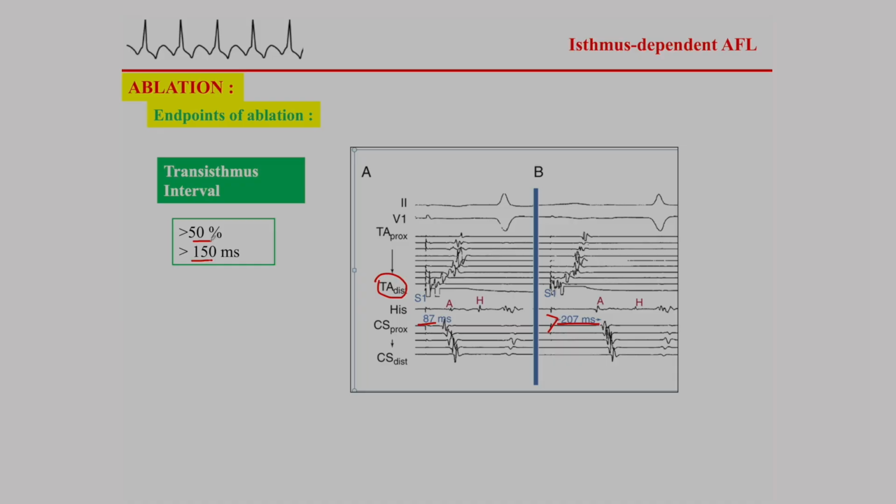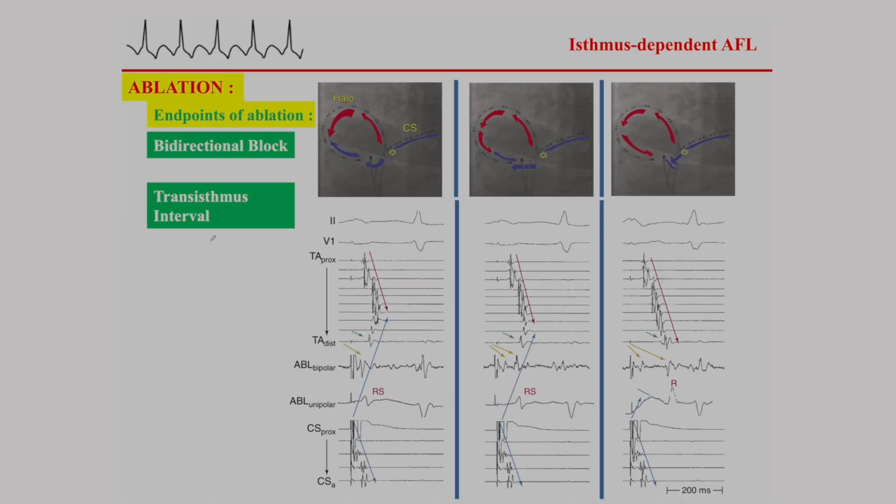That criterion gives a high sensitivity and specificity for this maneuver. So we have first, termination of the tachycardia, confirming bidirectional block, and measuring the trans-isthmus interval.